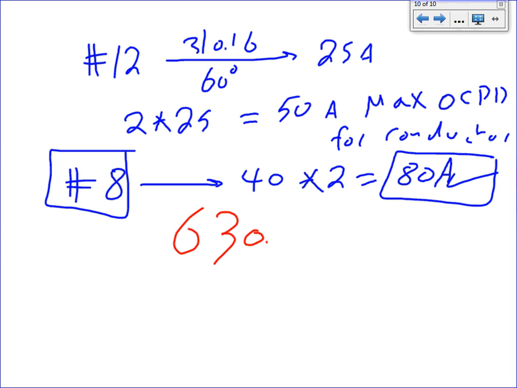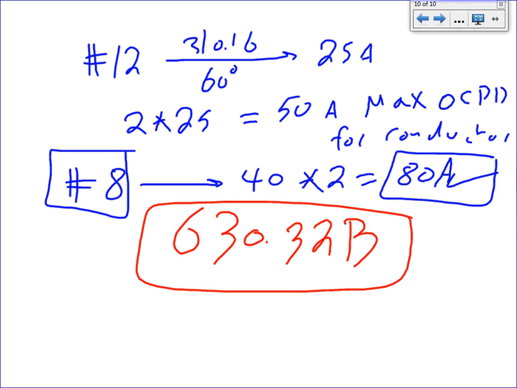Which page are we in? Welders, 630.32(B). Very important. Based on this, here's the conductor that you need to size.